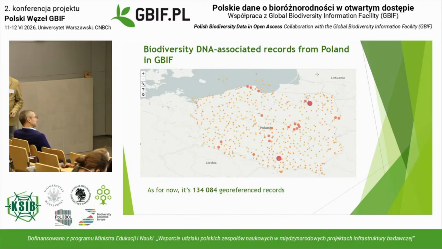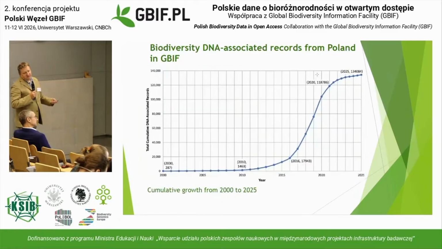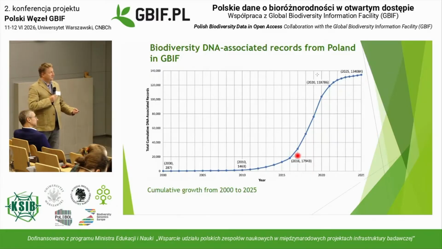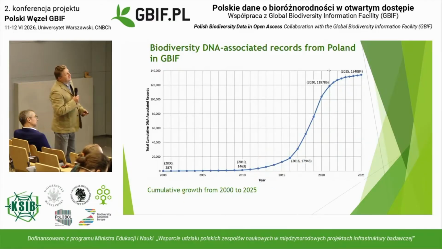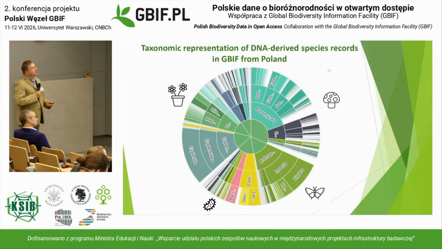It's around 130-something thousand. And how did it change over time? As you can see, until 2010 nothing much was happening, and then we have this growth which goes on since 2016. We will focus on that a bit more in a minute.